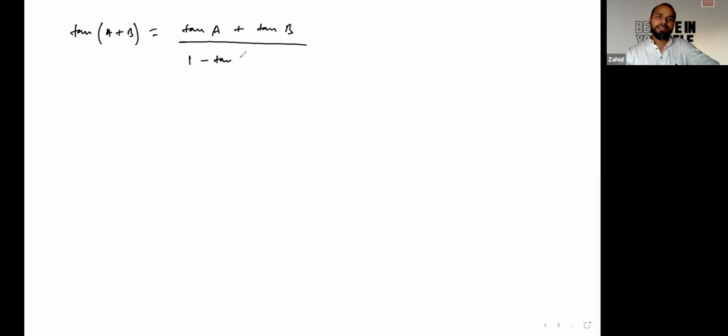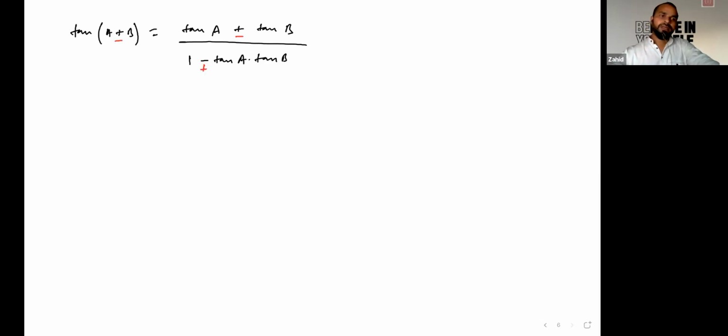Now, similarly for tan, if tan of A plus B, divide sine of A plus B and cos of A plus B to obtain tan of A plus B. On simplification, you would obtain tan A plus tan B divided by 1 minus tan A tan B. If there is a negative sign in between them, the numerator will be negative and the denominator positive.